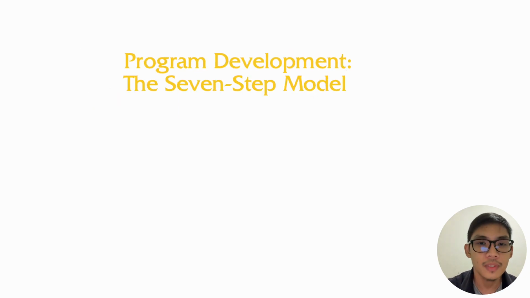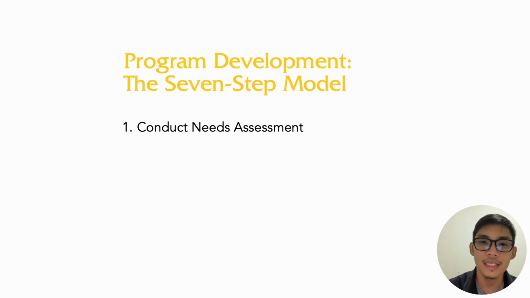Okay, let's recap the 7-step model of program development. Again, first we need to conduct needs assessment. We need to identify and describe the language needs of our students, or the aspect of language proficiency that they need to improve on.